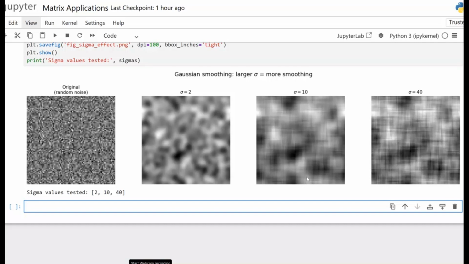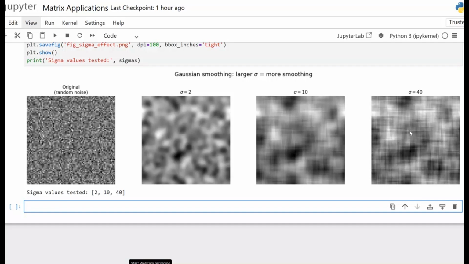Last but not least, sigma equal to 40. The kernel becomes very flat, with a large neighborhood average. This results in strong smoothening, and the image approaches a low frequency field, so fine detail is completely removed.